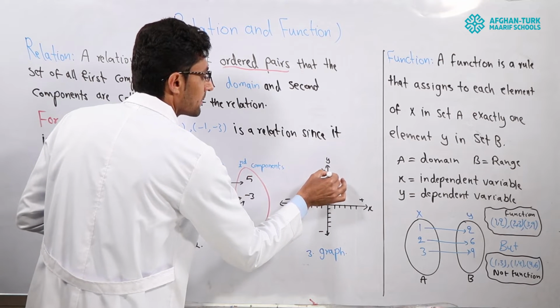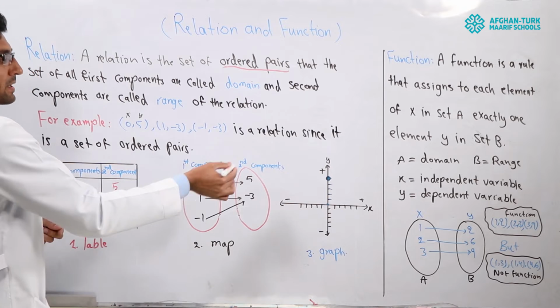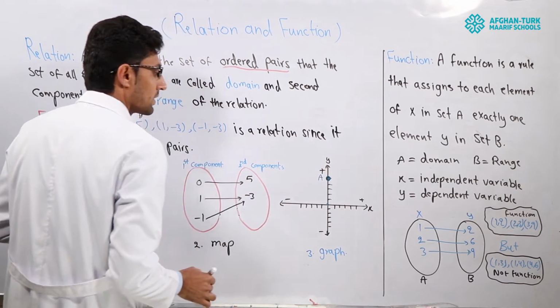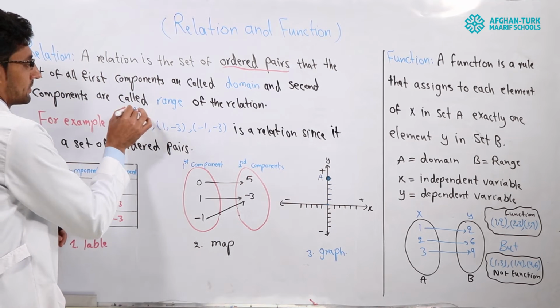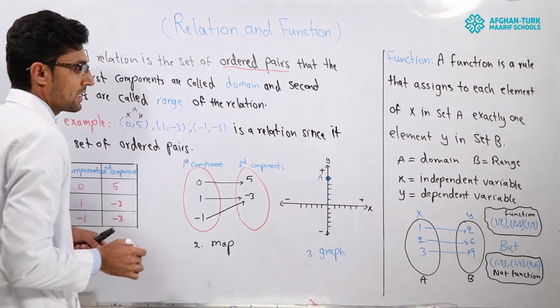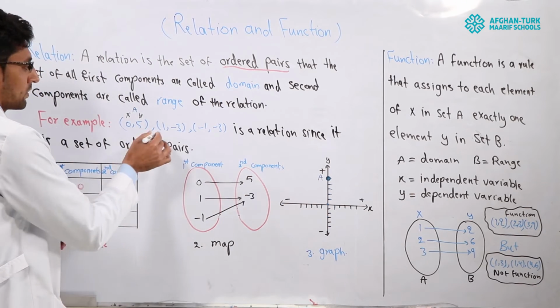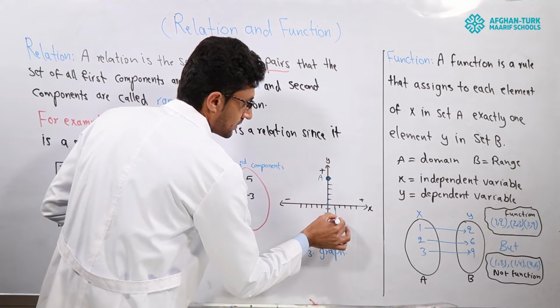Here we will have a point, for example A or B or C. I write the first point as A. Next, 1, minus 3: the value of x is 1 and the value of y is minus 3, so I have to go down.